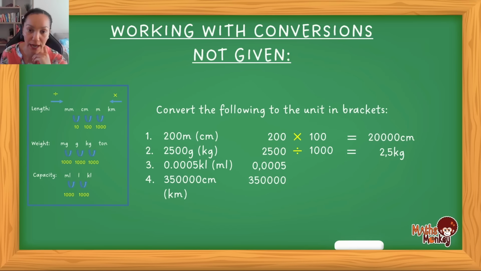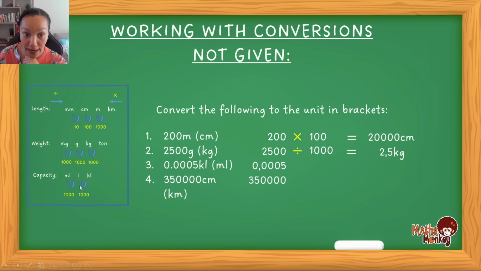The next question, I'm going from kiloliters to milliliters. Again, I start with a number, and if I'm going from kiloliters to milliliters, note that I'm going in this direction. I'm going left, so it's going to be multiplied. But do you see that I have to cross liters before I get to milliliters?